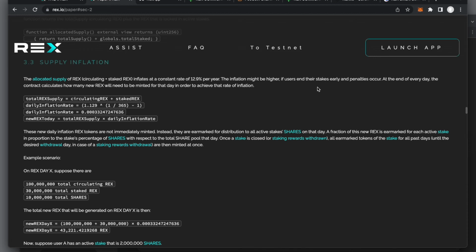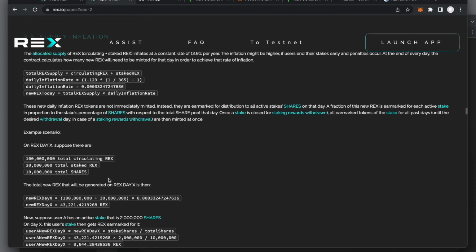So if a lot of other people end their stakes early and have to pay penalties, you get some of those penalties. So every day your rewards might be different. So the contract keeps track of that every day, and then when you go to cash out or end your stake, then it adds all that up and mints the correct amount of REX tokens for you at the end.